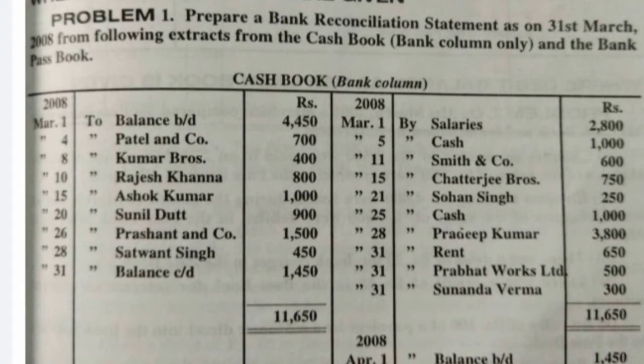Sunil Dutt is appearing on the receipt side of the passbook in the month of April. It is a transaction in the month of March, but it got cleared or realized in the month of April. So it is a BRS item, a difference item. So we need to consider this in the BRS. Therefore, now it is a receipt item.